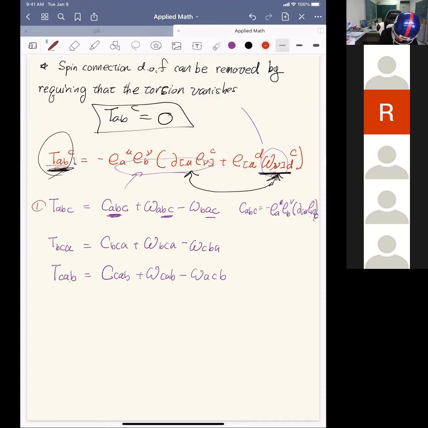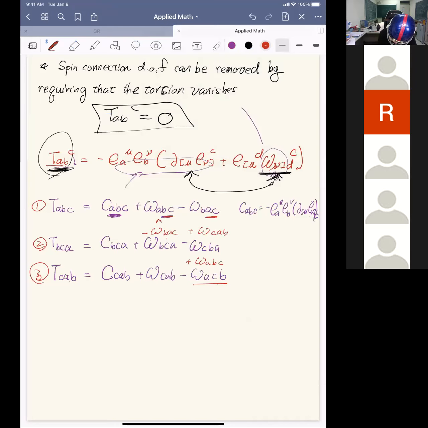Let me label these as equation 1, equation 2, and equation 3. Since this is antisymmetric in AC and this is antisymmetric in BC, this is actually the same thing as this one, so let me write this as plus omega_ABC. Similarly, this is the opposite of this one, so let me write this as minus omega_BAC, and this as plus omega_CAB. Once again, this is antisymmetric.